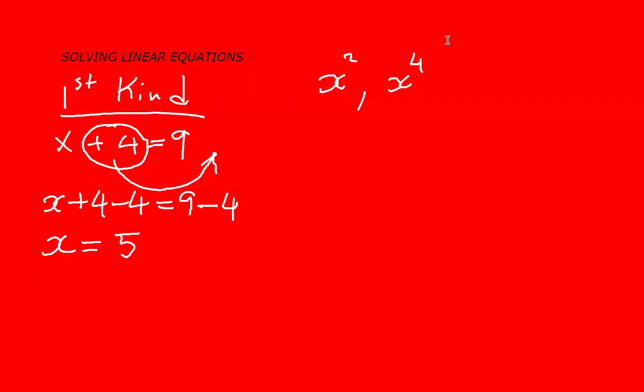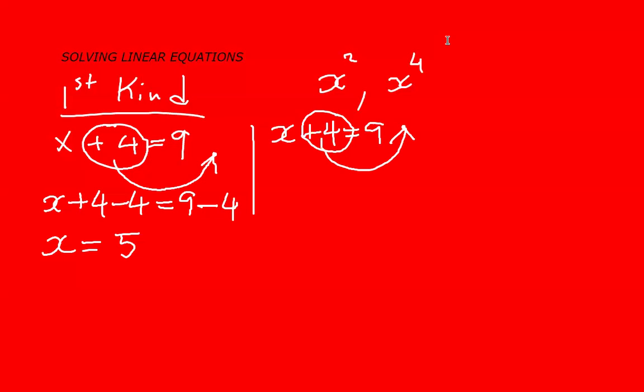But now there's a simpler technique to understanding this. You could also do this. Since we had x plus 4 is equals to 9, we simply take the positive 4 to the other side. And now the rule is this: whenever a value crosses the equation sign to either side, the sign changes to the opposite. So if it's a positive, it becomes a negative.